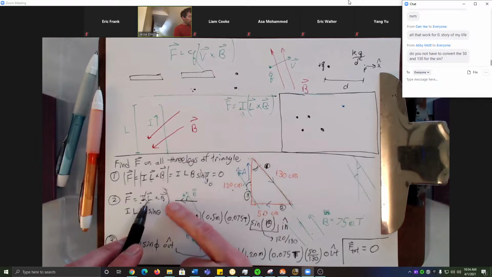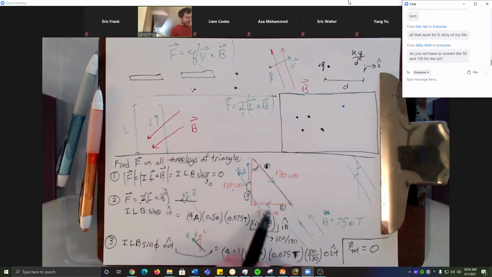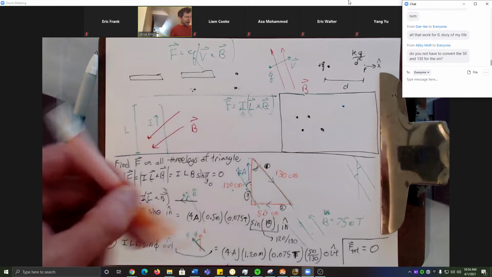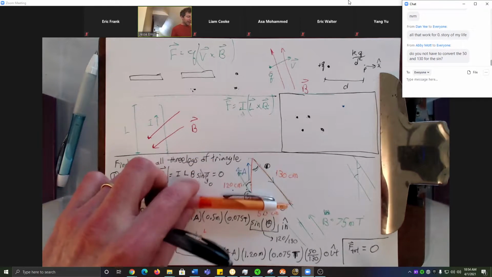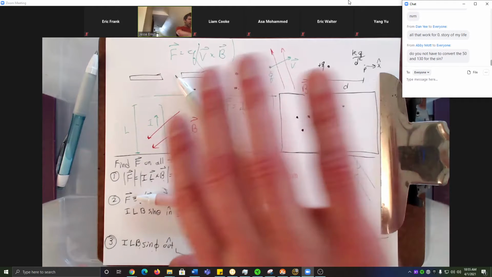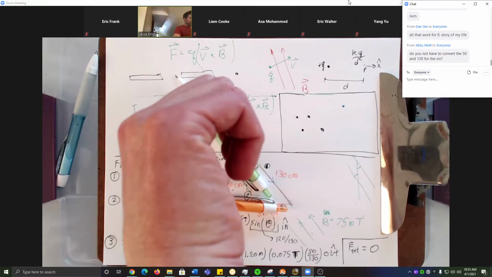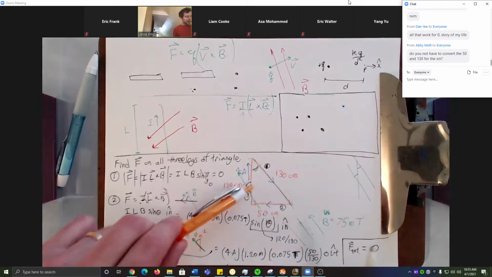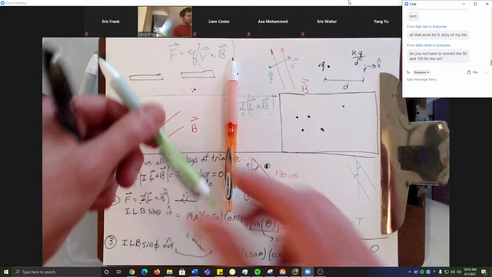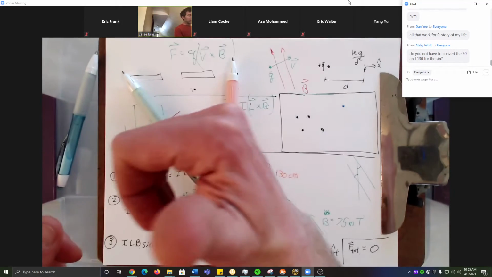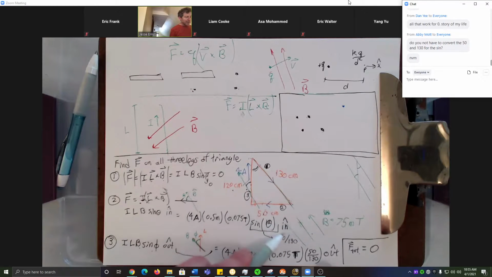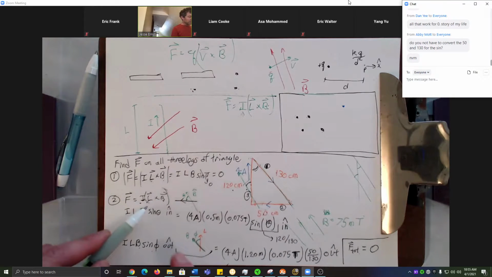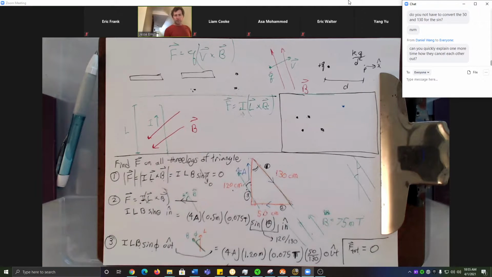For this leg, L goes that way and B goes this way, so L cross B is inward. For this leg, L goes that way and B goes this way, so L cross B is out. I didn't get these directions from anything other than just this. Okay, thank you, sir.